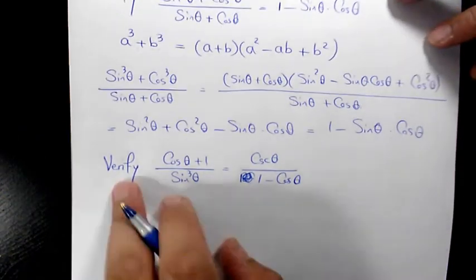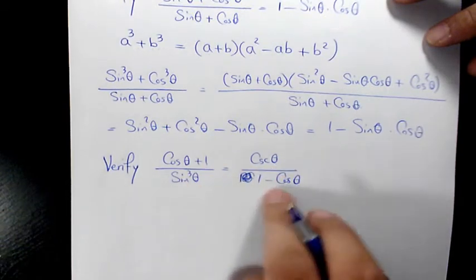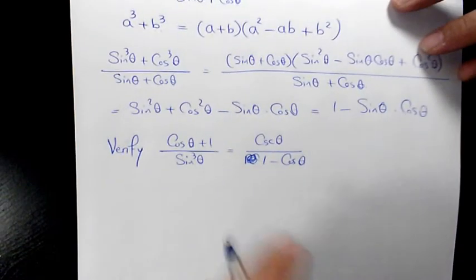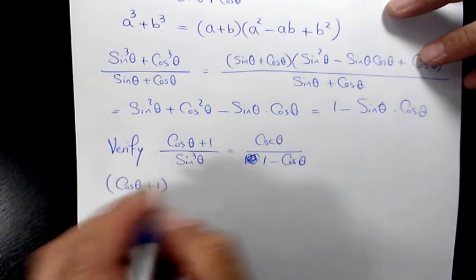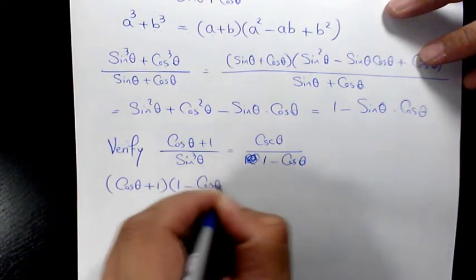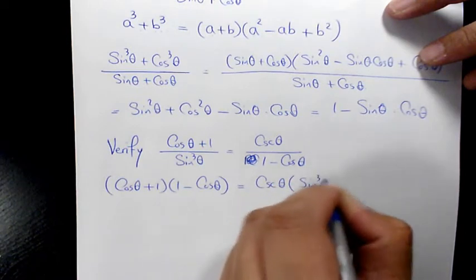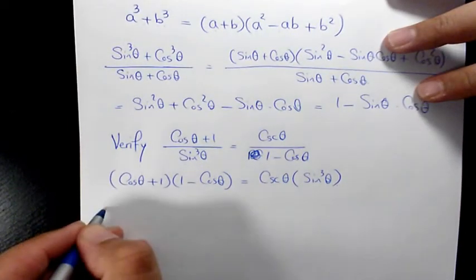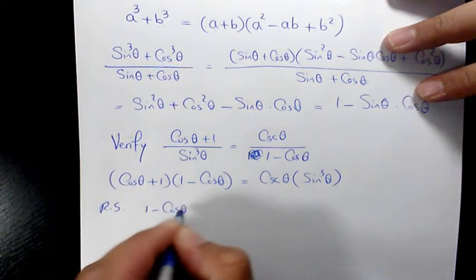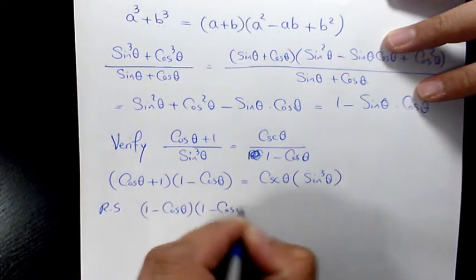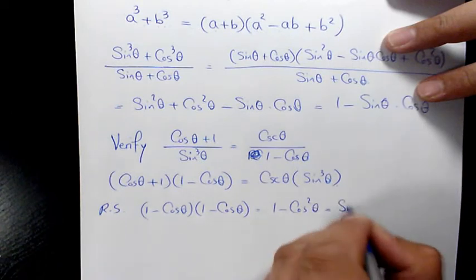Next example, it says cosine theta plus 1 divided by sine cube theta equals cosecant theta over 1 minus cosine theta. We need to verify that. We need to do cross multiplication. From the right hand side, we have 1 plus cosine theta times 1 minus cosine theta, 1 minus cosine squared theta, equals sine squared theta.